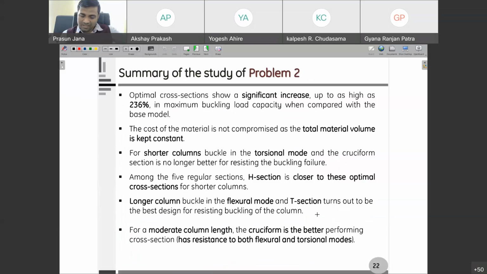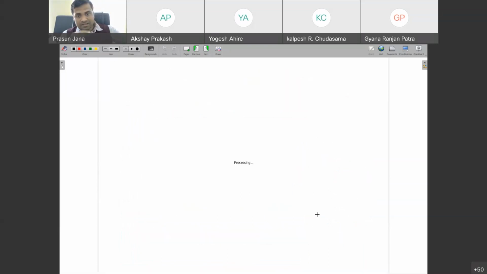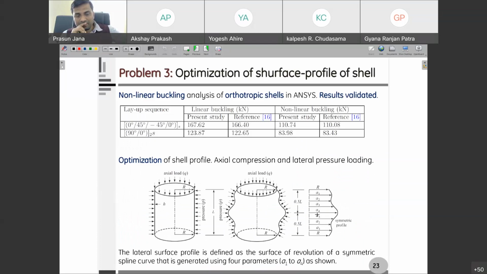I think these points I have already discussed, so I can skip this. And this is the last problem, problem 3, where we have taken a cylinder. First I took a plate, then we took a column section.